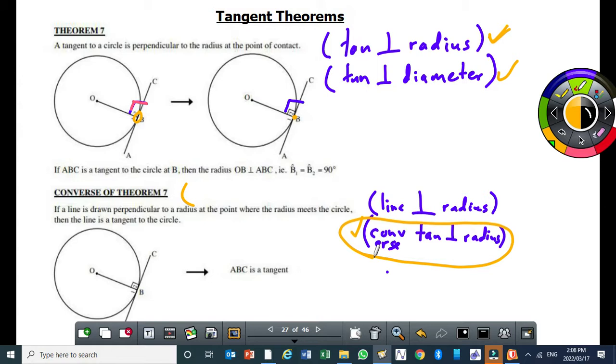I prefer converse tan perpendicular to radius because it's in direct relationship with the original theorem 7. So theorem 7, tan perpendicular to radius; the converse, line perpendicular to radius or converse tan perpendicular to radius. We use this converse when you want to prove that a line is a tangent, and I'll give you a question like that.